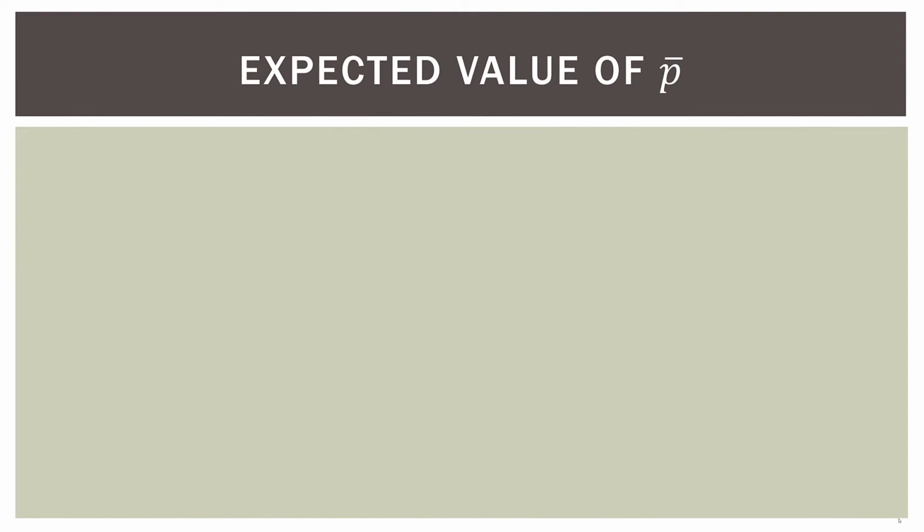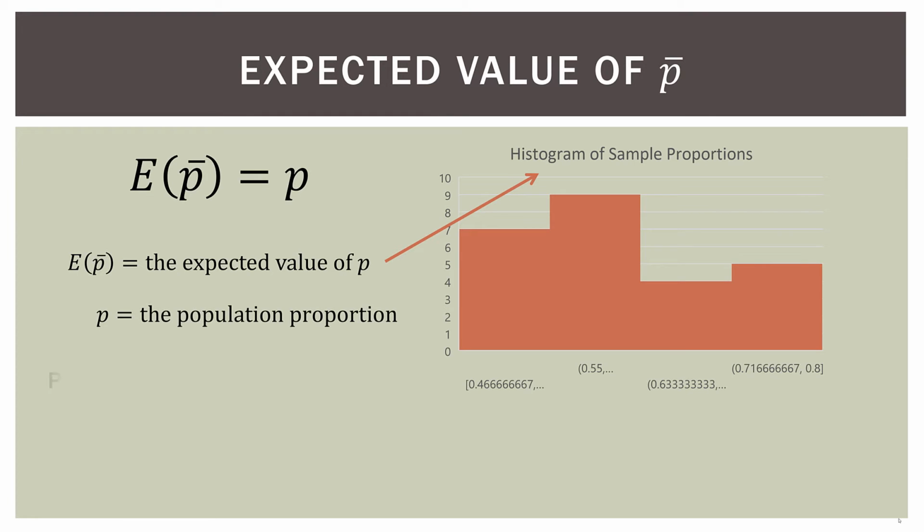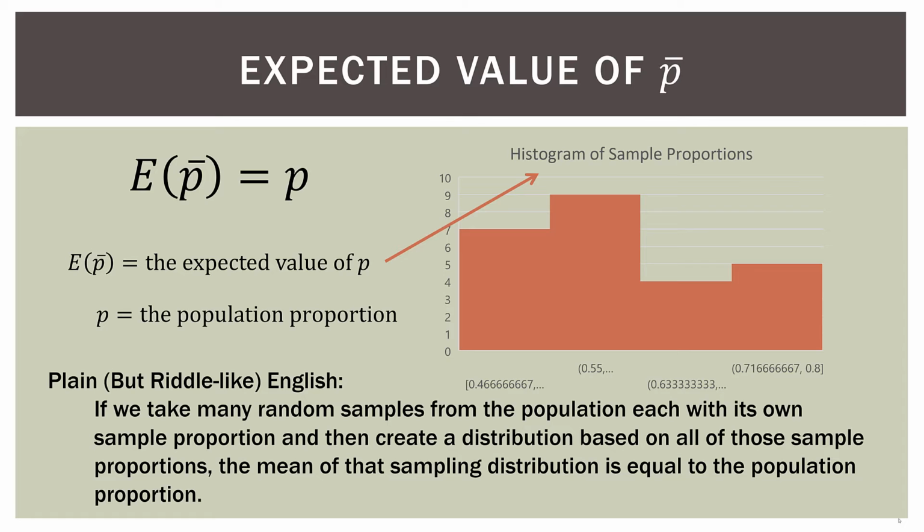So what about the expected value of P bar? P bar equals the expected value of P, where P is the population proportion. What we can say here in plain, but kind of riddle-like English, is that if we take many random samples from the population, in this case all the students, each with its own sample proportion, and then create a distribution based on all of those sample proportions, the mean of that sampling distribution is equal to the population proportion.